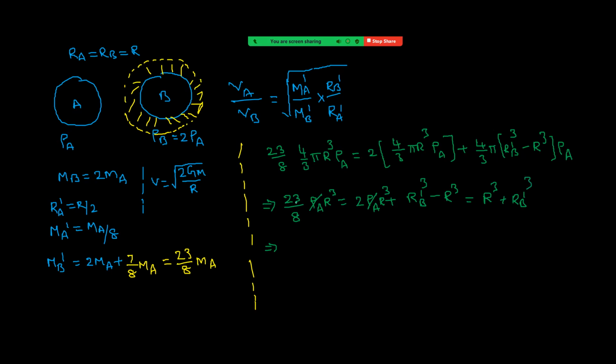Now 23 by 8 minus 1, that is 15 by 8 R cube, is equal to RB dash cube. So from this we get RB dash, which is equal to 15 by 8 to the power 1 by 3, meaning a cube root, into R. Okay. Let us now substitute this in this one.